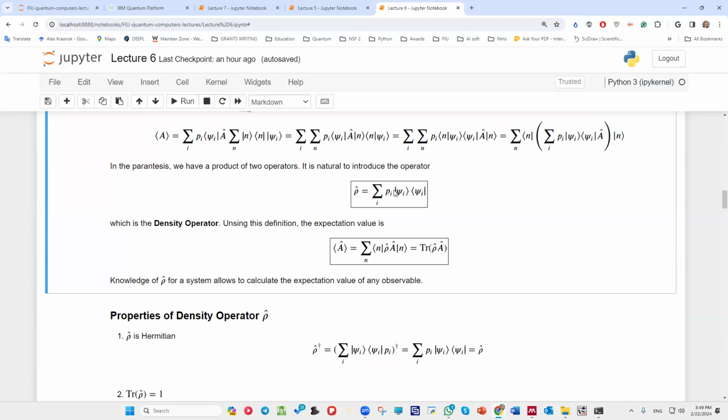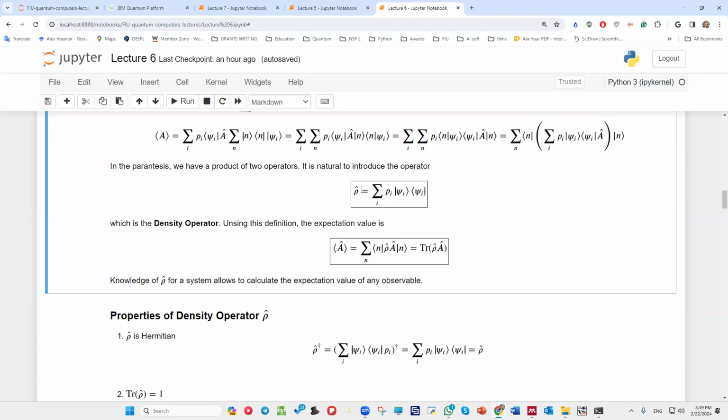And then the density operator simplifies to just this outer product of psi states. Otherwise, if we have this classical uncertainty, classical probability distribution, we need to write the density operator in this way.